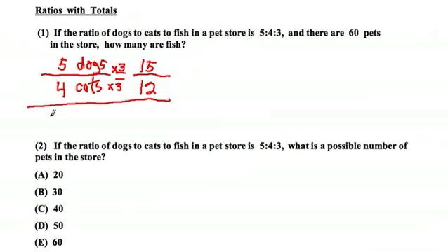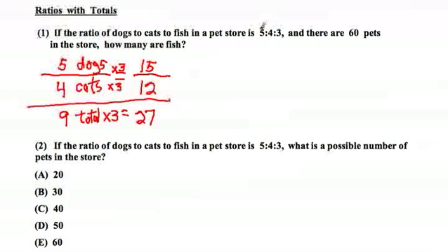But for problems with totals, you'd also have to have a total line. So in your base case, there would be 9 total, and whatever you scale this up by, you'd have to scale that up by, so there would be 27 pets.